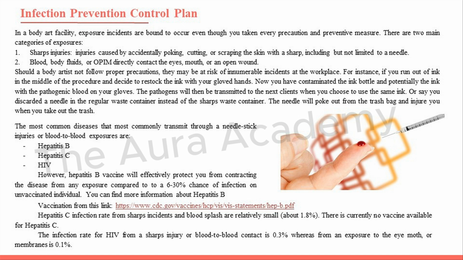The hepatitis C infection rate from sharps incidents and blood splash is relatively small, about 1.8%. There is currently no vaccine available for hepatitis C. The infection rate for HIV from a sharps injury or blood-to-blood contact is 0.3%, whereas from an exposure to the eye, mouth, or membranes it is 0.1%.